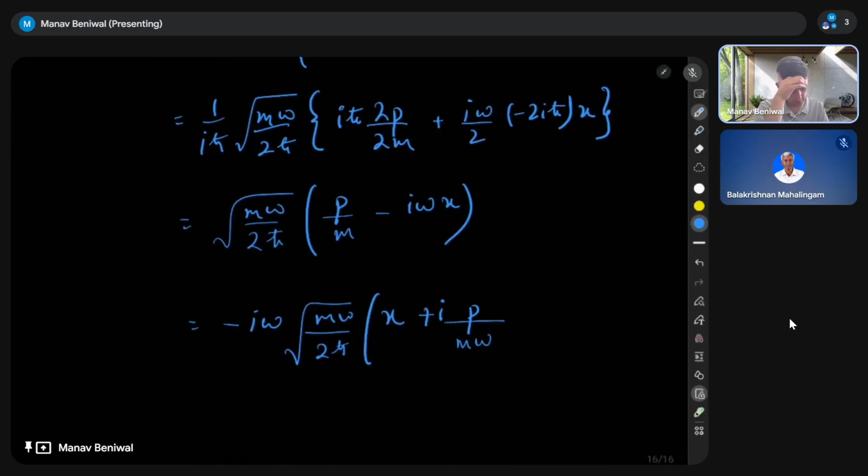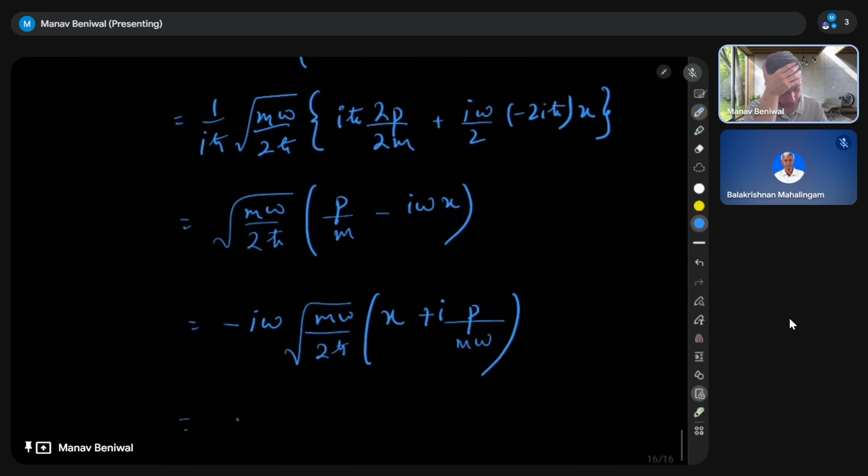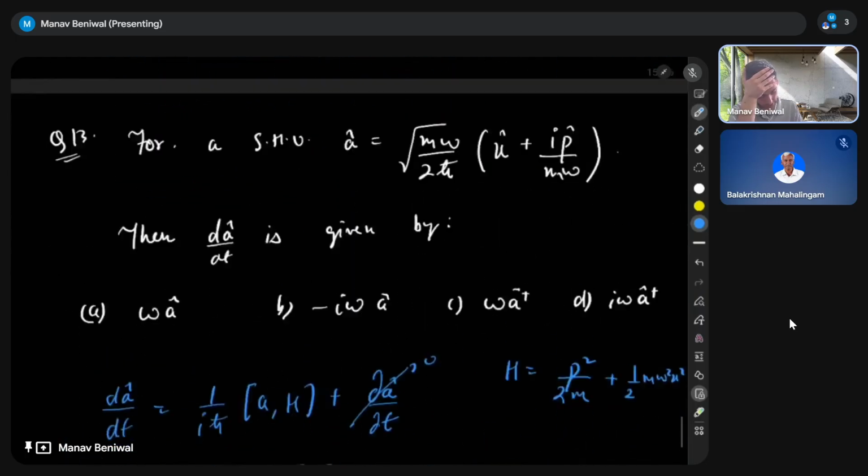Okay, x plus iota p by m omega, such that when I multiply this thing, this iota and iota gives me minus 1, so this minus minus becomes plus. Okay, good. Now this entire thing is nothing but the lowering operator A. So I can simply write it as minus iota omega A, and this is my dA by dt, which is option B.